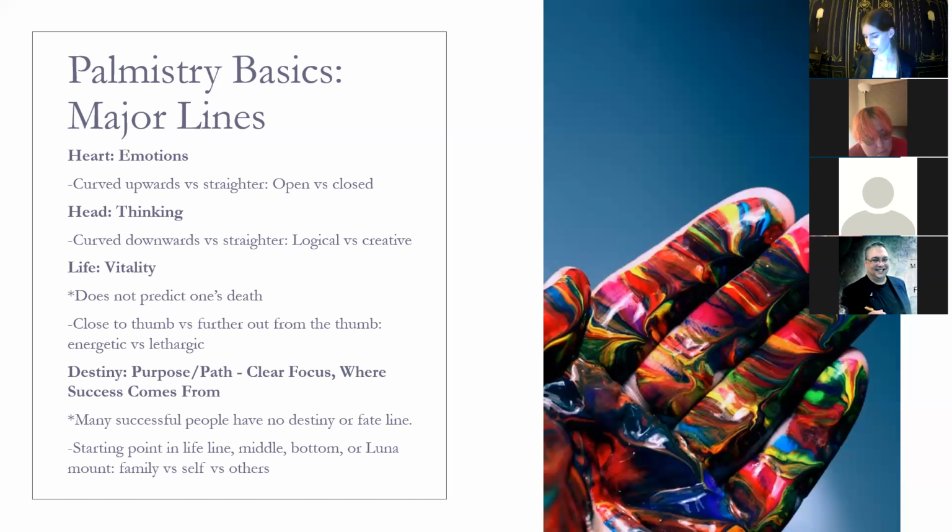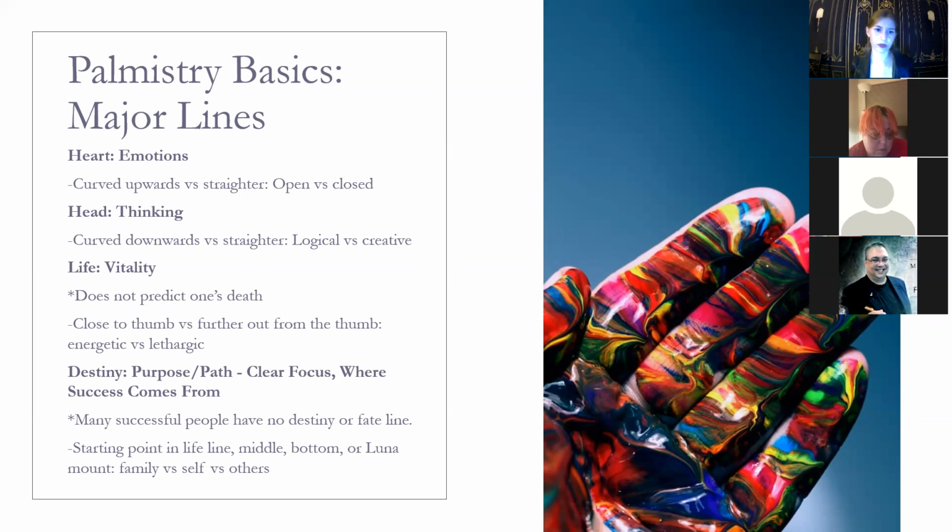The sister line I do like to bring up, because a sister line is any line that's paralleling a major line. It could be a heart line, it could be the headline, for any length of time. And it's generally a sign of fortune and support during that period.